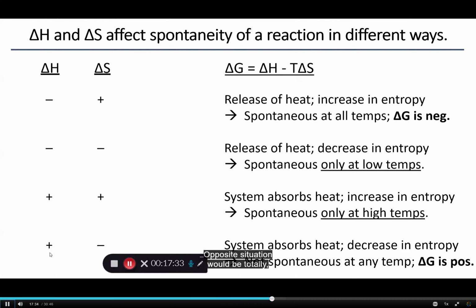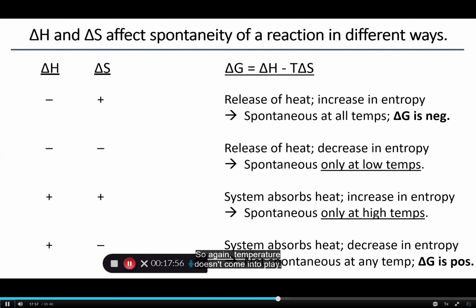The opposite situation would be a completely non-ideal situation where delta H is positive and the system is absorbing heat from the environment, and delta S is negative, and the products represent more order than the reactants. And so we've decreased entropy in the system. This would be a non-spontaneous reaction at any temperature.